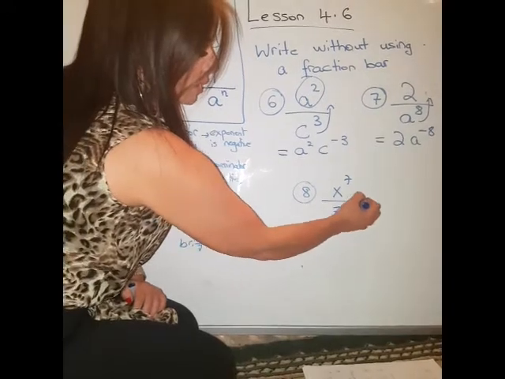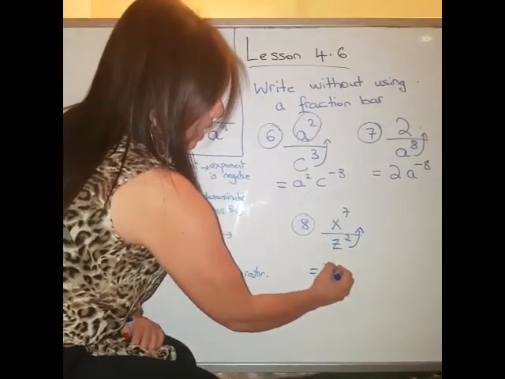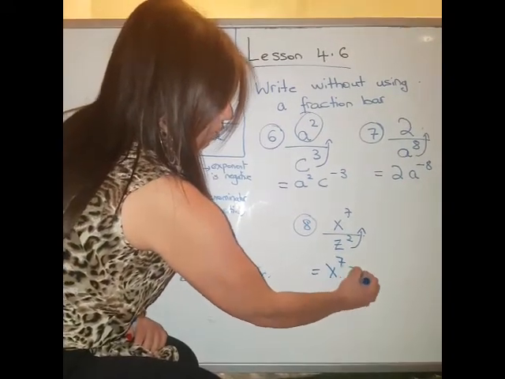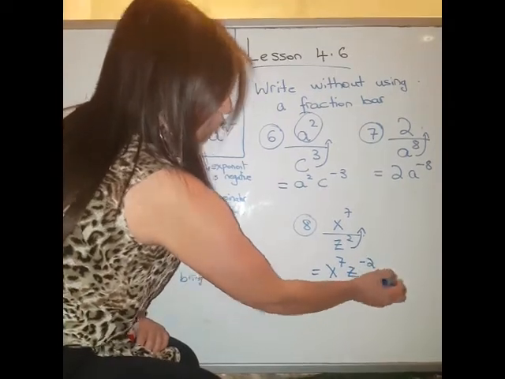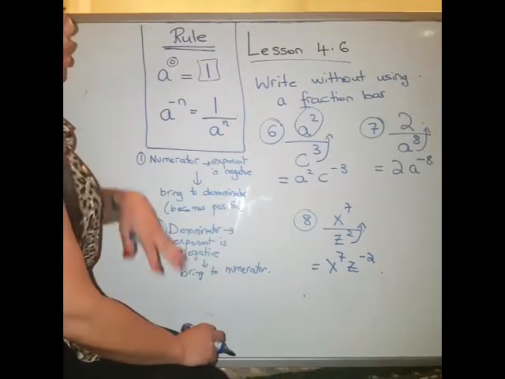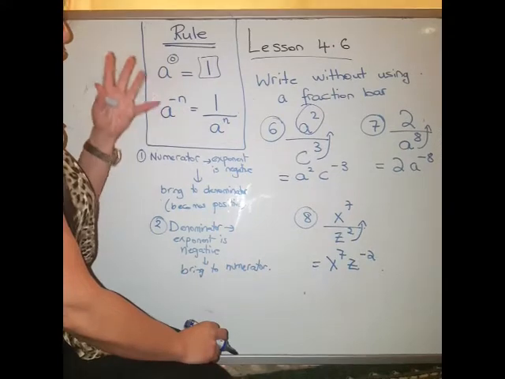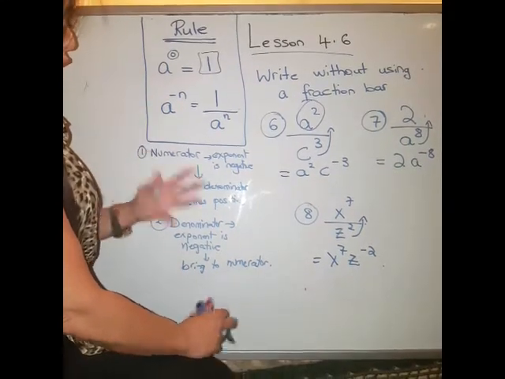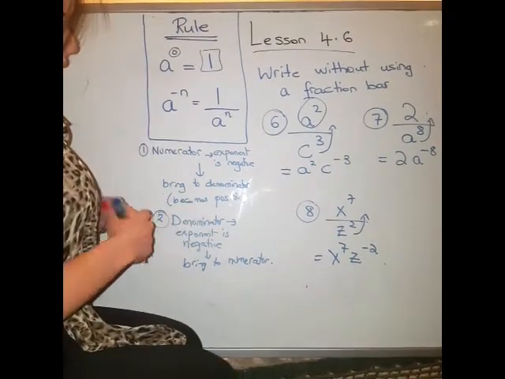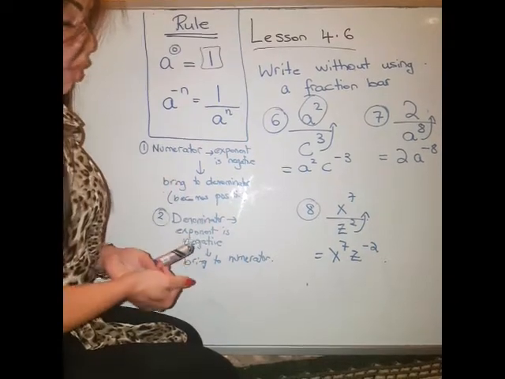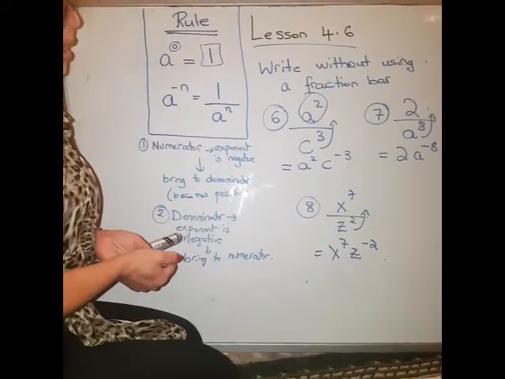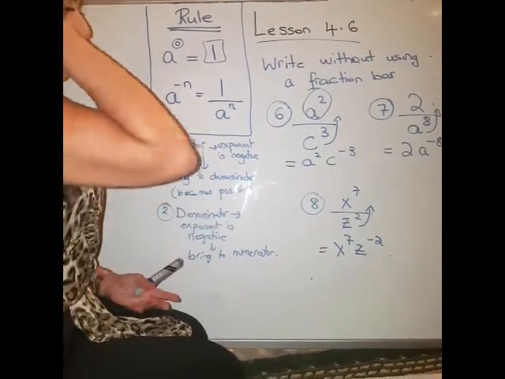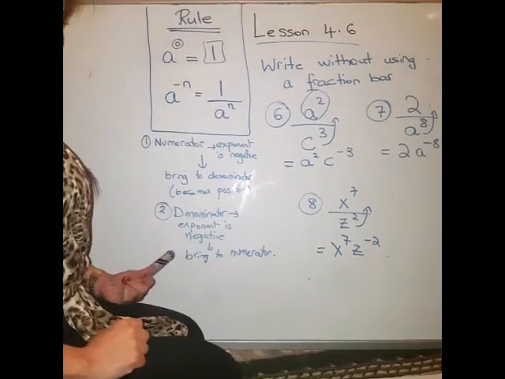I need to take this to the top, it becomes x^7z^-2. So actually we're going to do a wrap up of the rule. But we still have questions to go through, okay? At the end I'm going to wrap it up, but now let's move on.